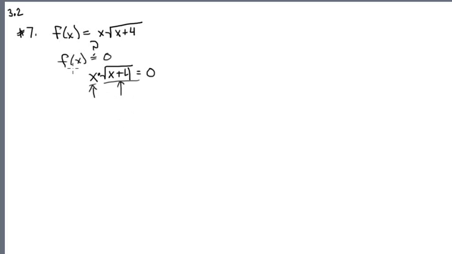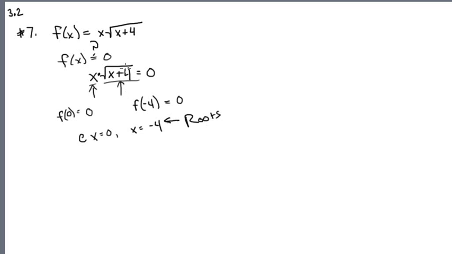So my function f has roots at a value of 0, so f of 0 will be 0, and at a value of negative 4, because negative 4 plus 4 is 0, and square root of 0 is 0. So both x equals 0 and x equals negative 4 are my roots.